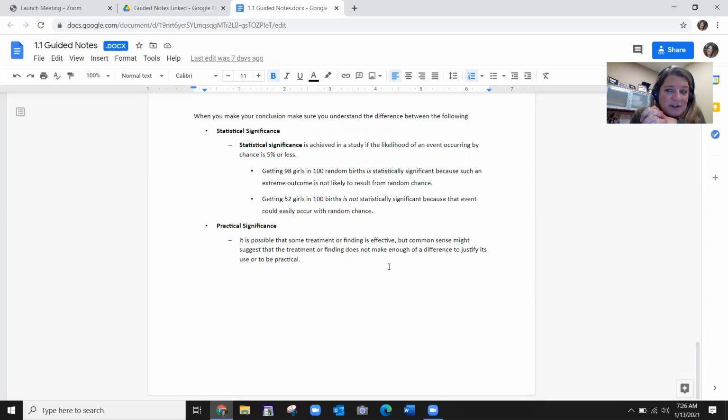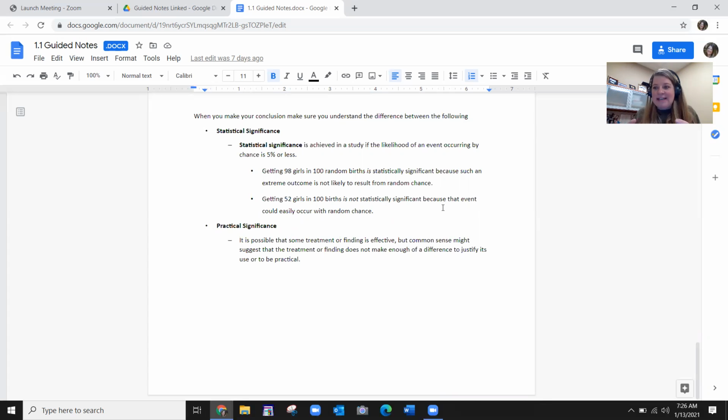I don't want you to focus on the 5% or less. Is it statistically significant? So for example, if I got 98 girls out of 100 births, that is very statistically significant because it's such an extreme outcome. It's not likely. That's significant. It's different from the norm.